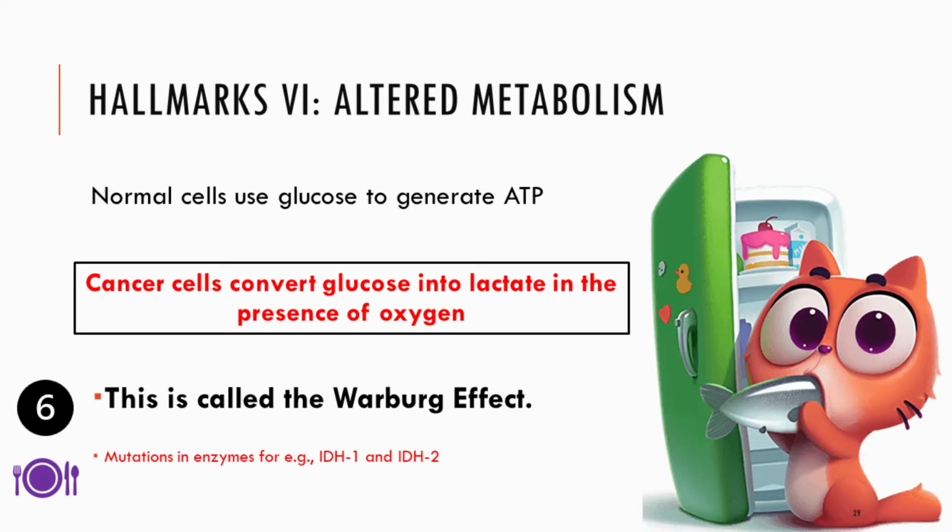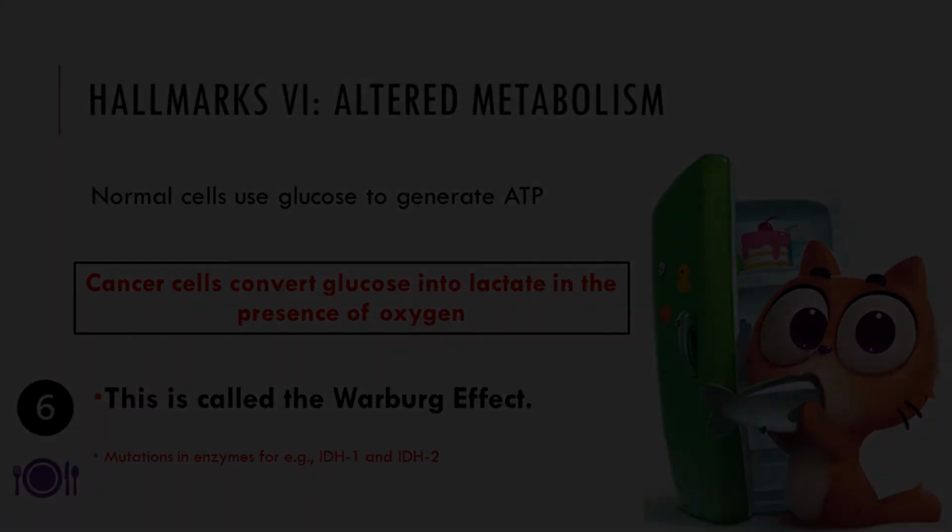So let's say if a normal cell eats 1 teaspoon of sugar a day, cancerous cells might eat 10 teaspoons a day. And what they do is very interesting, because they're not going to store that energy for themselves.